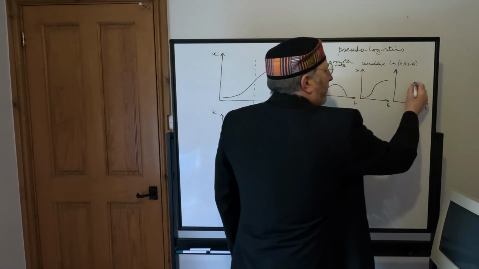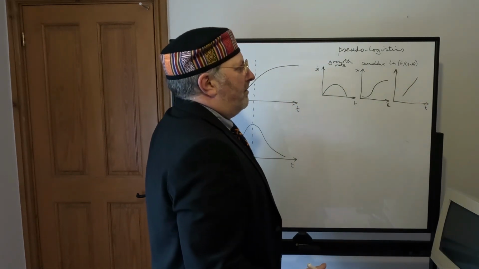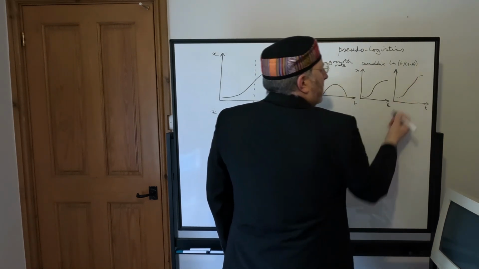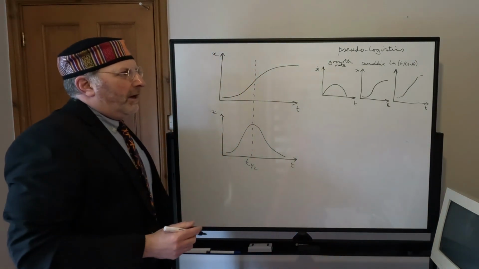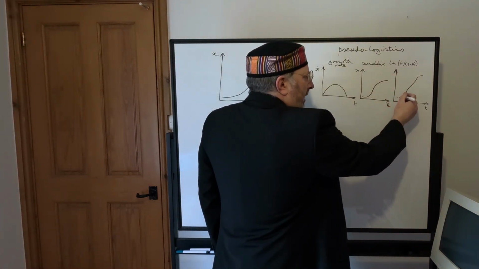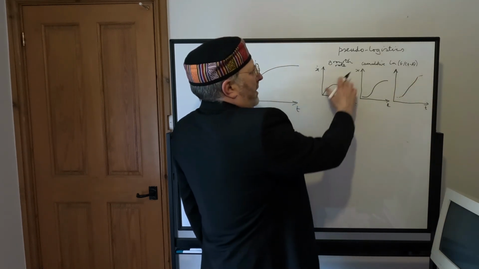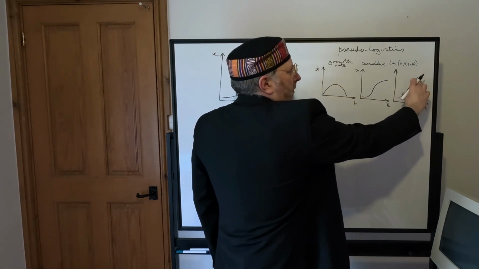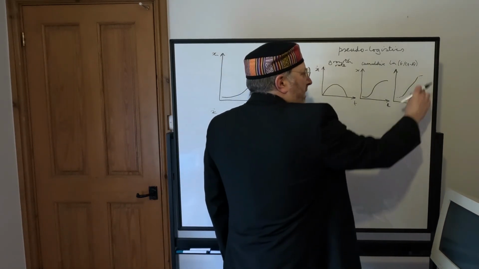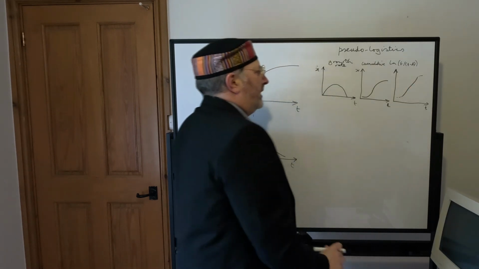If we plot log of f over 1 minus f, we get something that's mostly a straight line, but it tends to bend over at the top and bottom. So it works best in the middle. Whereas for a true logistic, this would be a straight line all the way. With a pseudo-logistic, we can notice the bending at the top and bottom. But on the whole, it looks logistic. If we ignore that data, it looks pretty logistic.